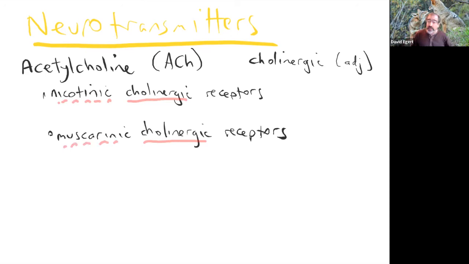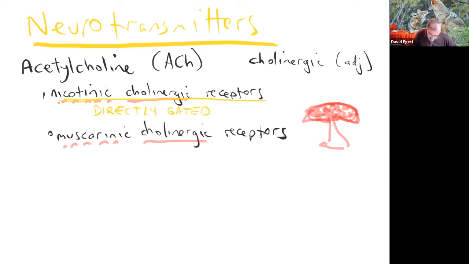Muscarinic receptors bind muscarine. It's found in those beautiful mushrooms that you find out in the woods, the fly agarics, Amanita muscaria, with the red cap with the white stars. The big difference between them is the nicotinic cholinergic receptors are directly gated sodium channels.